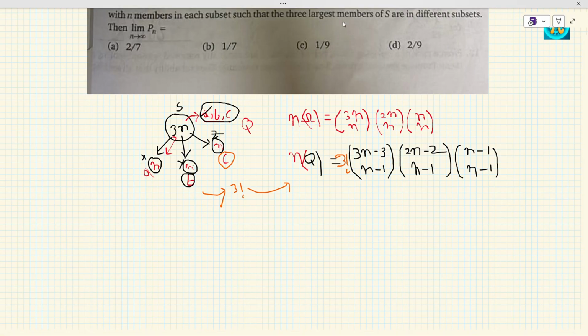Now if we find pn, sorry, pn will be just n of q by n of omega, by the classical definition of probability. We get this.